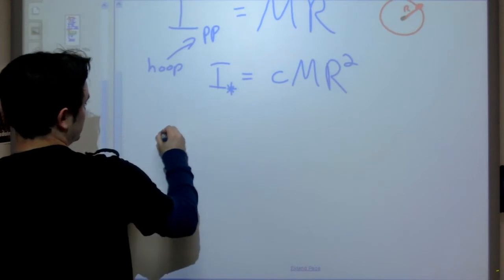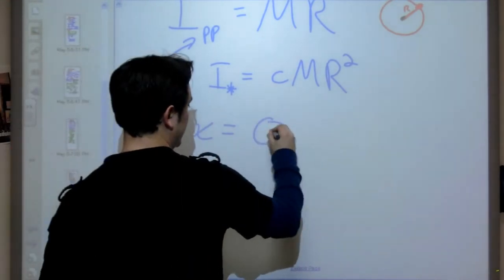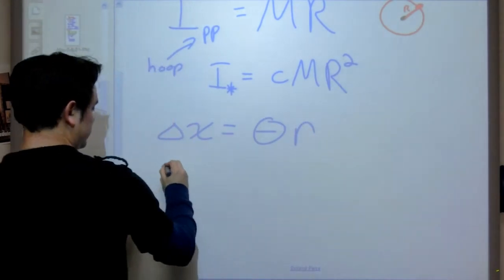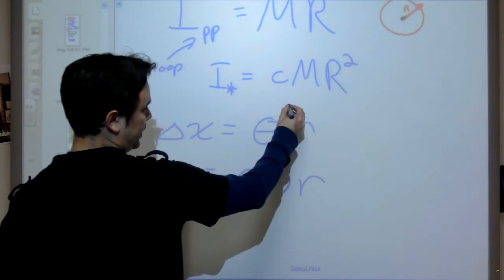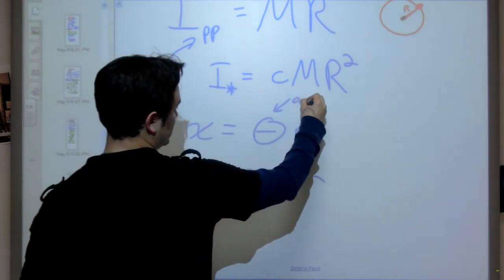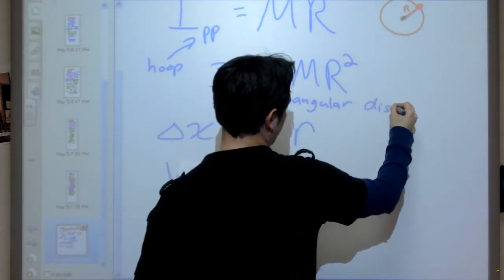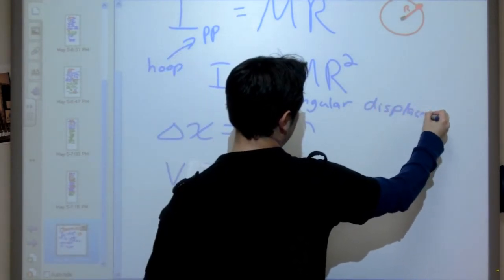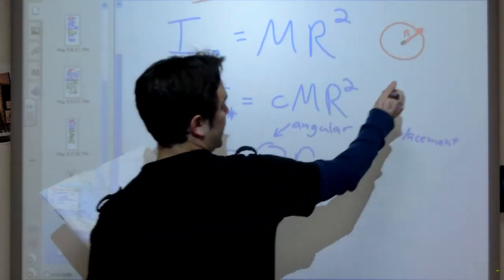But the other big ones, and we talked about these specifically in class, delta x, our displacement, equals theta r. Our velocity equals omega r, where theta is our angular displacement. When we're talking about spinning things, everything is angular. We keep track of, say, for instance, how far this guy has moved.